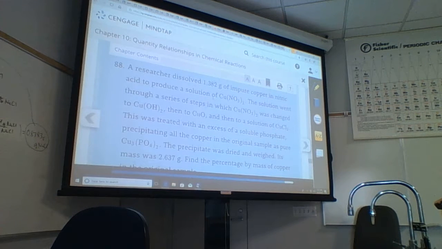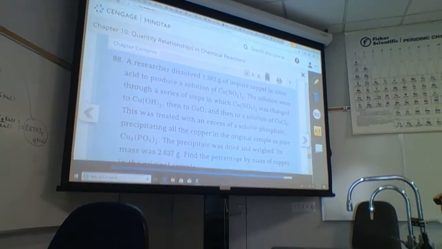That's what we'd expect. But if it's anything less than 1.382, then it's not pure copper. And so, if we want to figure out what the composition of this mixture is, that's what we're often interested in. What is the composition of the mixture? You know?